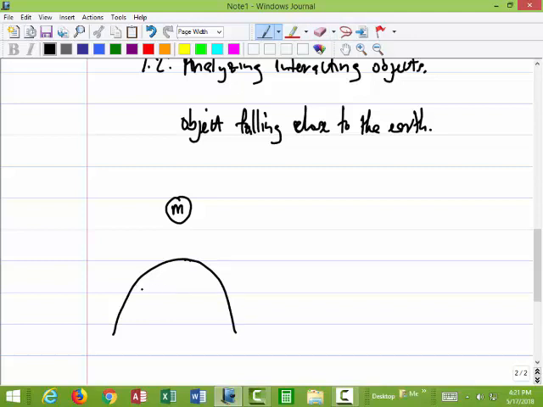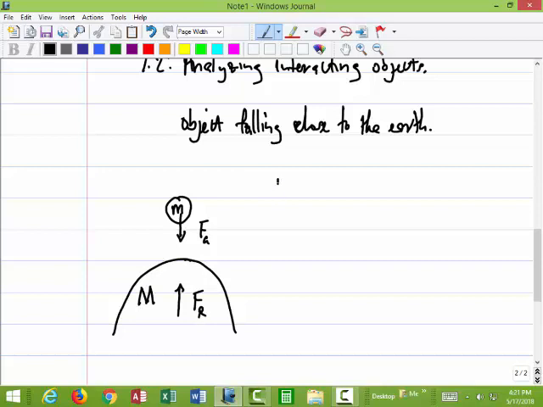Let's say the earth has uppercase mass M, and then we can now identify the forces on each of these objects. So this object will have a force acting this way, and the opposite of that, or the action of that is, so let's call this force F action, and this is F reaction.